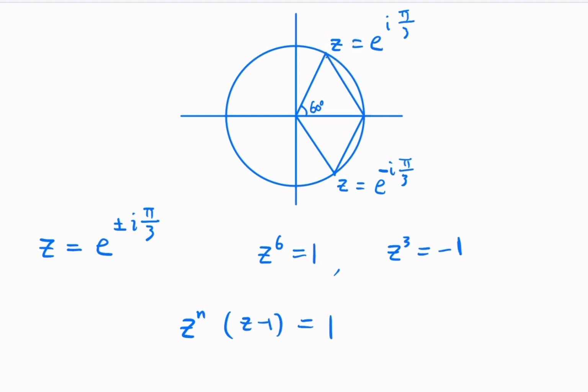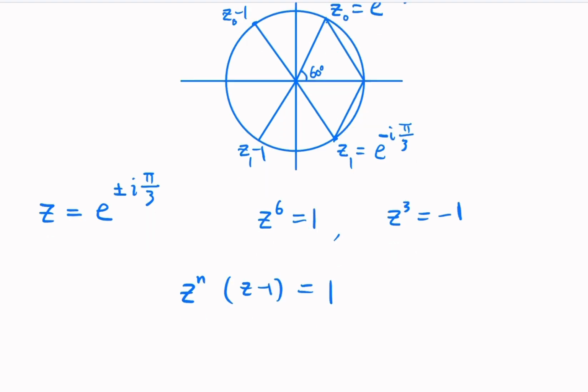So this is 120 degrees here, right? Similarly, this one minus 1 would bring z to here. So this is z minus 1. Let's call these z0 and z1. z minus 1 is equal to z squared.